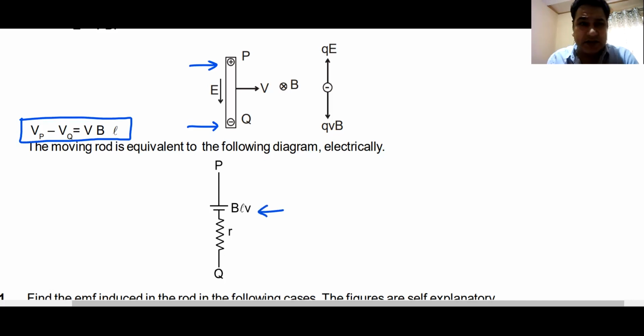We also saw different cases where the angle between V, B, and L was not 90 degrees. We saw that it is (V cross B) dot dL, a scalar triple product.